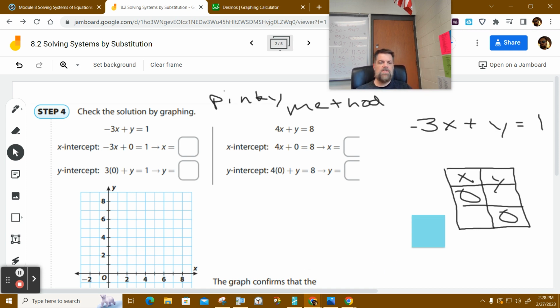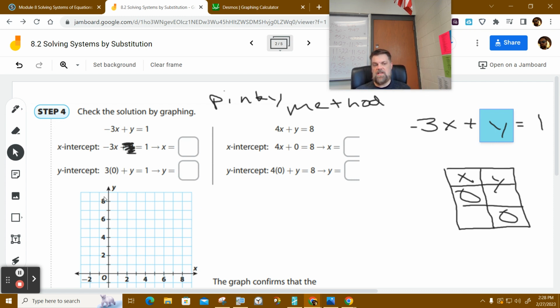If I plug in 0 for x or y, so in this particular case, I plugged in 0 for y. Well, when I do that, this term goes away, right? In other words, they call it the pinky method because what you're supposed to do is take your pinky and cover up the y value, right? So you don't see that. Well, then what is the x value?